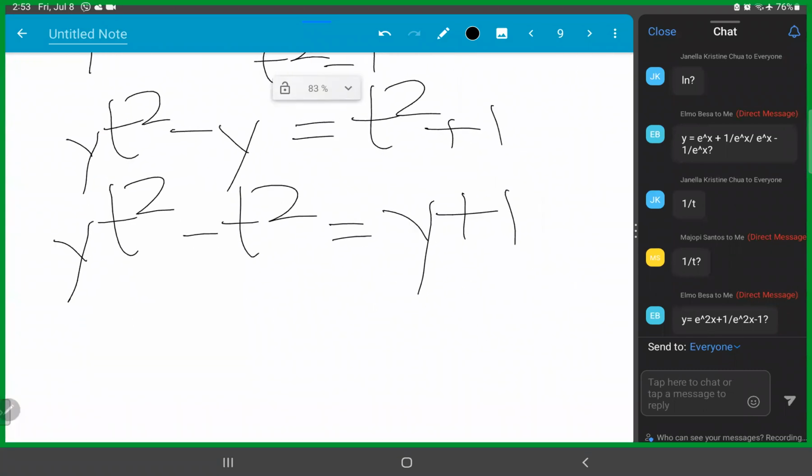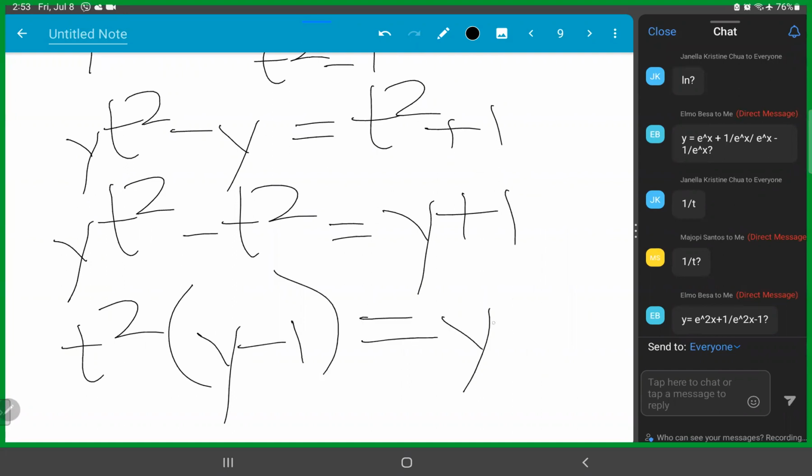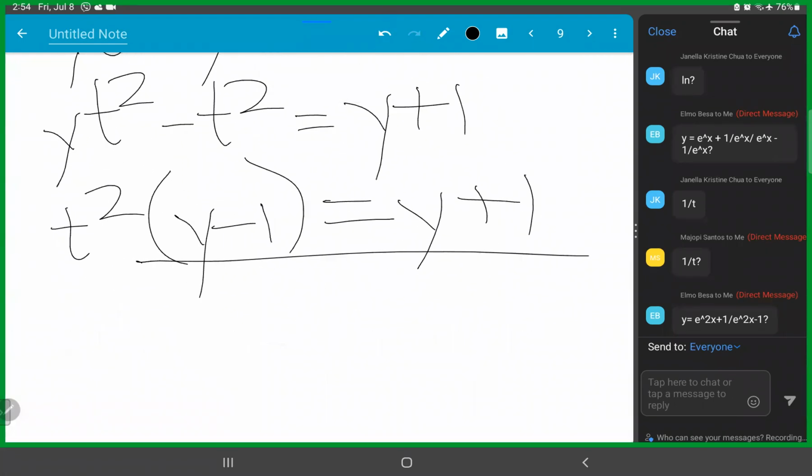Then we need to factor out so that t squared has only one position. And then we need t isolated, so we bring down the neighbor, divide by y minus 1.